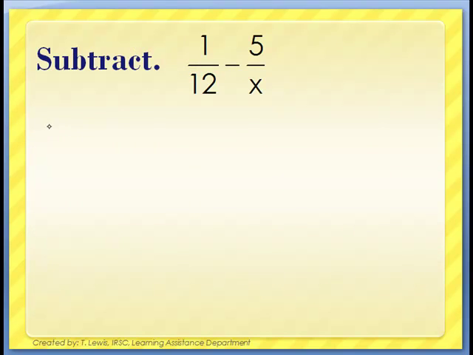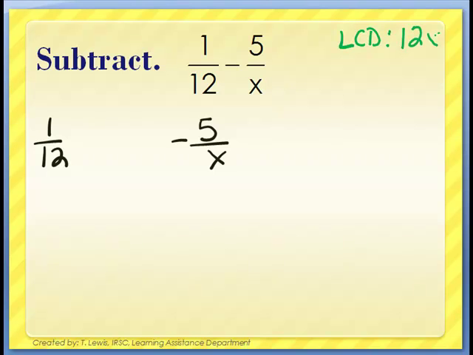Subtract 1 over 12 and 5 over x. We're going to subtract. Our LCD, least common denominator, is 12x. So we're going to have to convert both fractions into having a denominator of 12x.